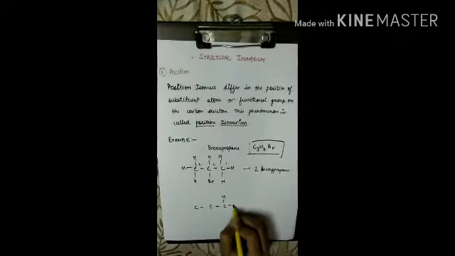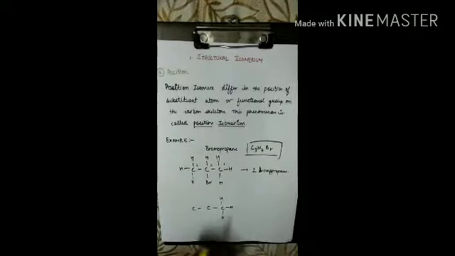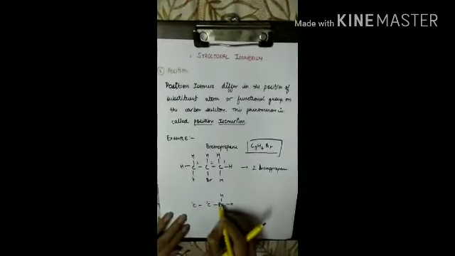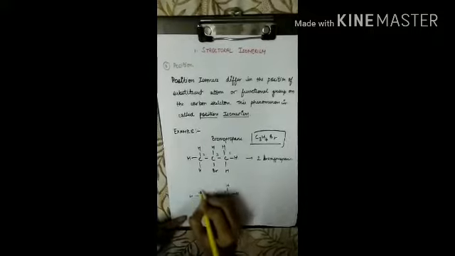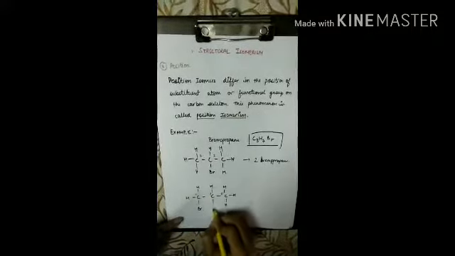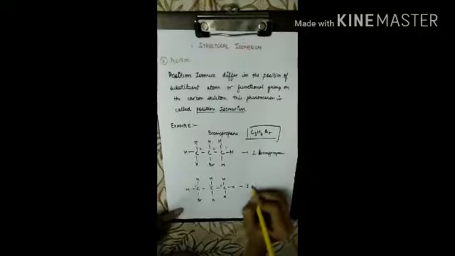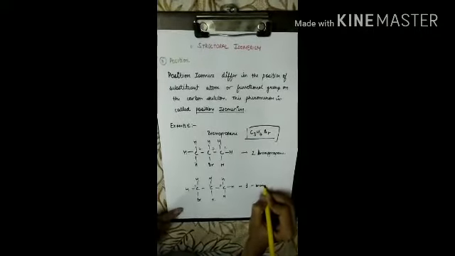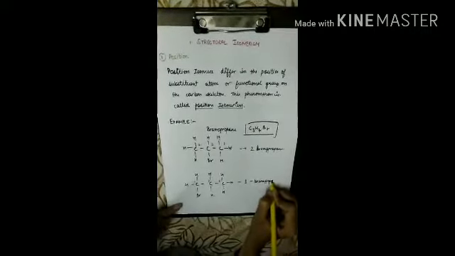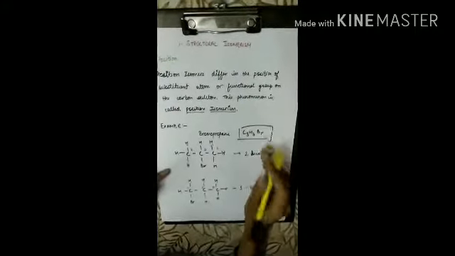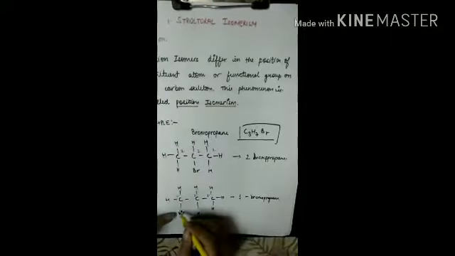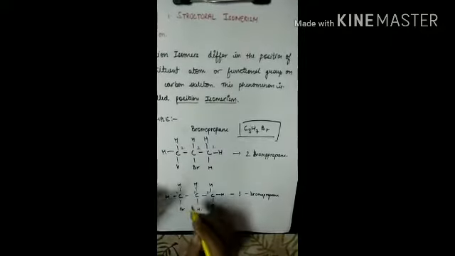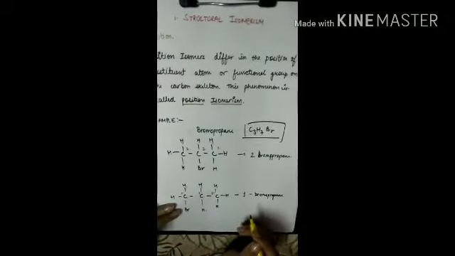Now if we attach the bromo group to the first carbon atom like this, let me number it, first carbon atom, then it will become 1-bromopropane. We see that the molecular formula is the same, C3H7Br, for both isomers, but since the position of the functional group, that is Br, is different, both are position isomers.